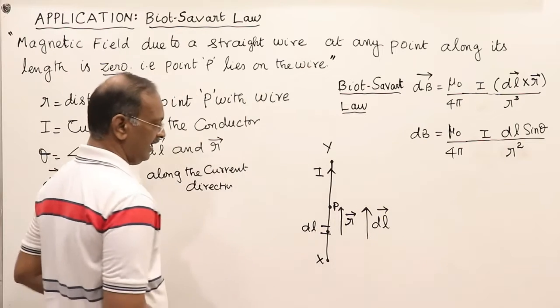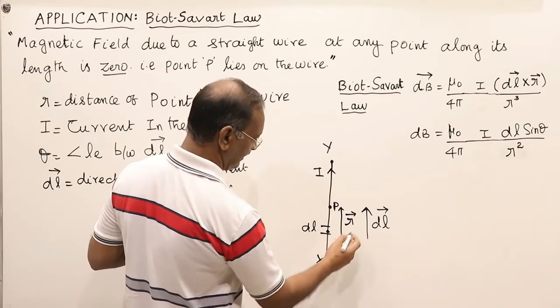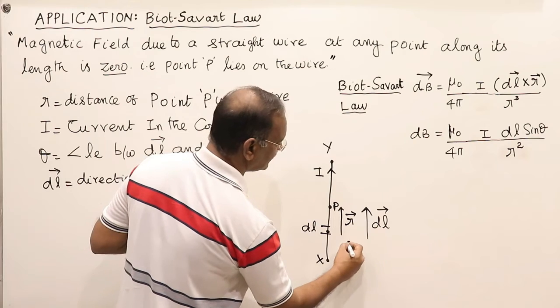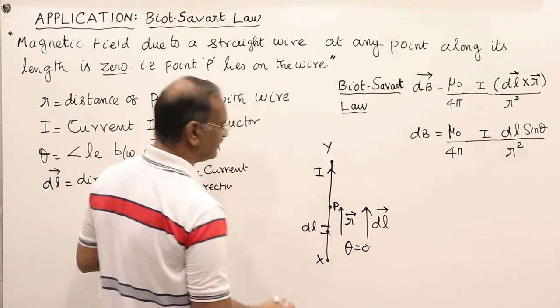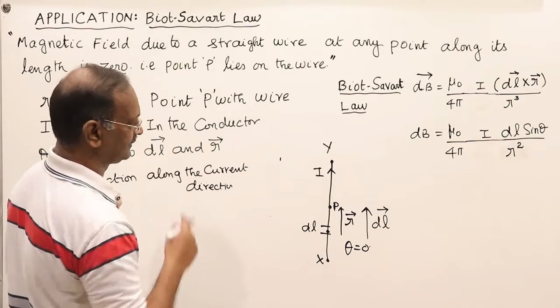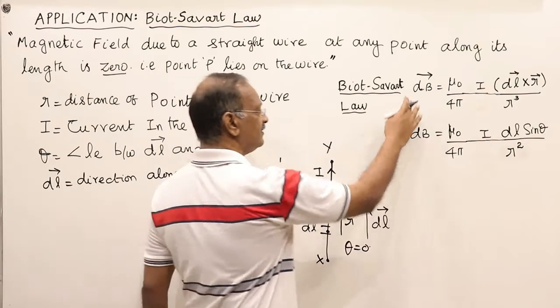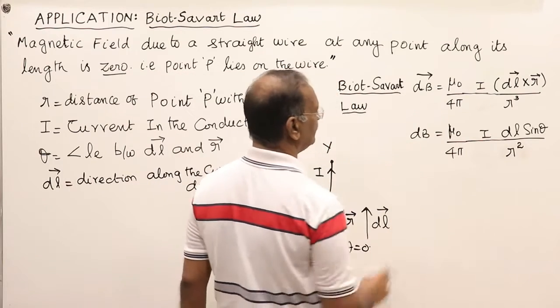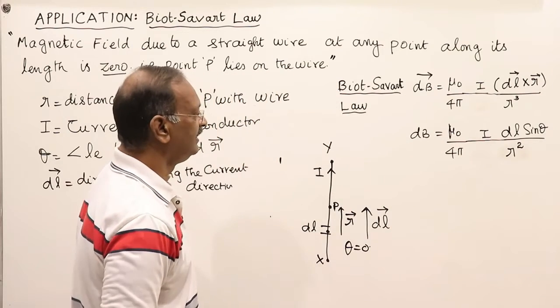So what is the angle between the r vector and the dl vector? Theta is equal to 0, because both are heading in the same direction. We can use this formula in vector form. What is dl cross r?